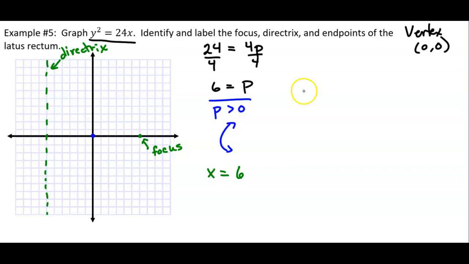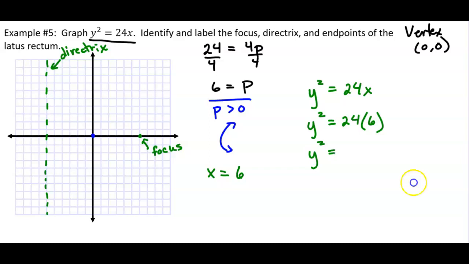So I'm going to get my equation here. y squared equals 24x. And so y squared equals 24 times 6. And then that's going to give me y squared equals, what's 24 times 6? 144, sure. It's a nice big number there. And so I'm getting y equals plus or minus 12.